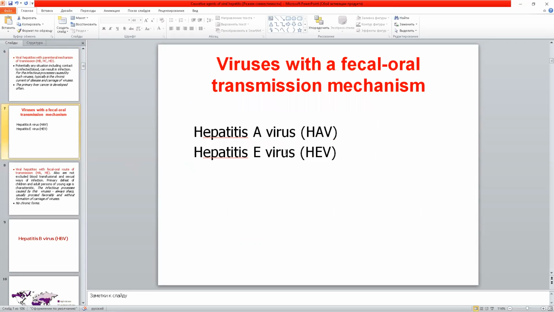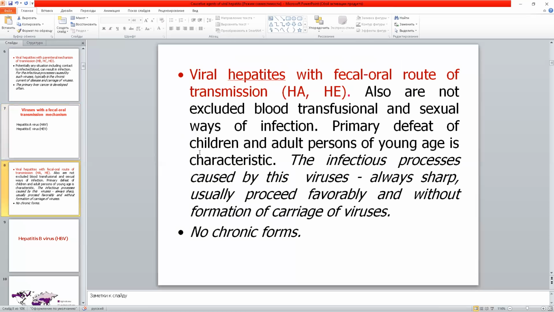Viruses with a fecal oral transmission mechanism are hepatitis A virus and hepatitis E virus. They are transmitted by fecal oral route. Viral hepatitis with fecal oral route of transmission: hepatitis A and hepatitis E. What does it mean?